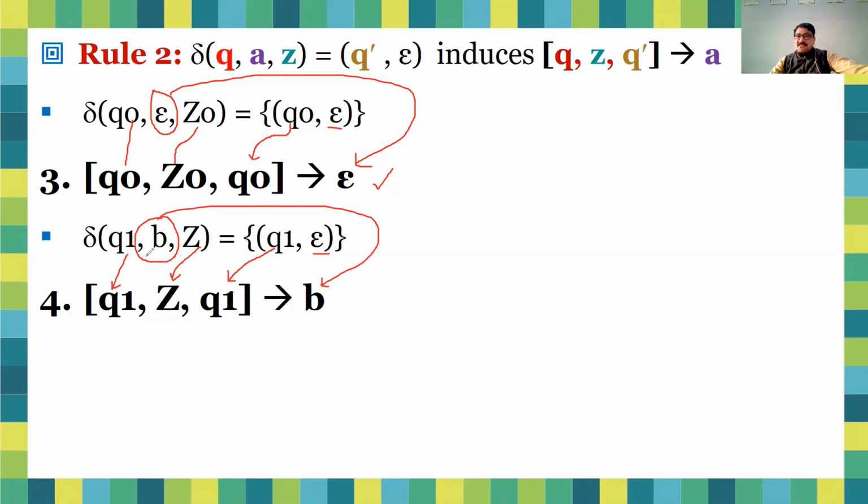So how can we say that this is the symbol you are reading from the tape? Because at the time of writing the transition function of a PDA, this is the place for writing the state. After that, this is the place of the symbol, that may be A, B, C, whatever, and after that, this is the place of the symbol that you are reading from the stack. So these are the three parameters that you have to pass at the time of performing the transition.